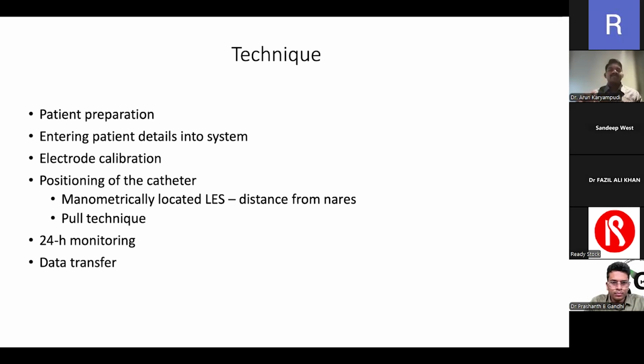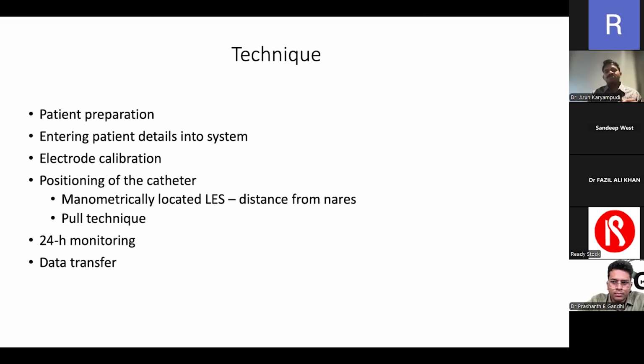You also have three symptom buttons on the recorder. You need to tell the patient to press the respective button whenever the patient has a particular symptom. Only when the patient presses the symptom button can you accurately analyze the reflux symptom association. So instructions are important.